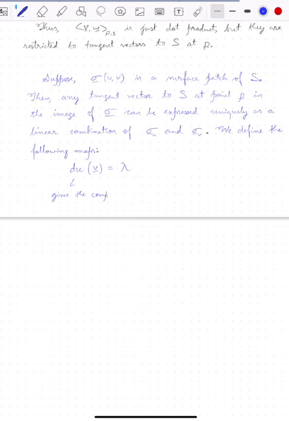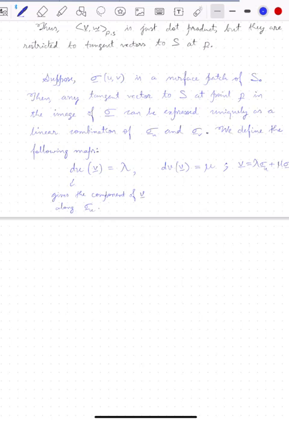And the other, dv of v vector, is equal to mu. And this will all happen only if v vector happens to be lambda sigma u plus mu sigma v.